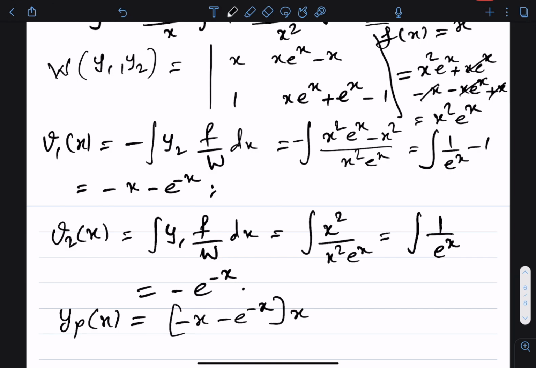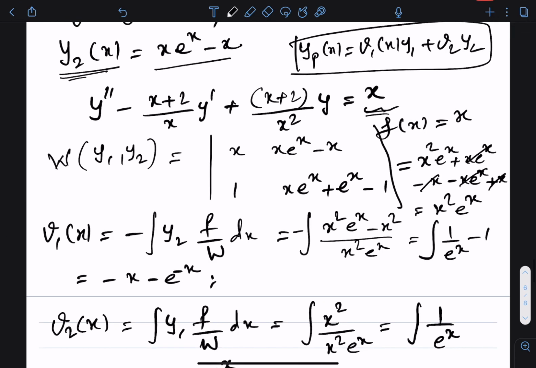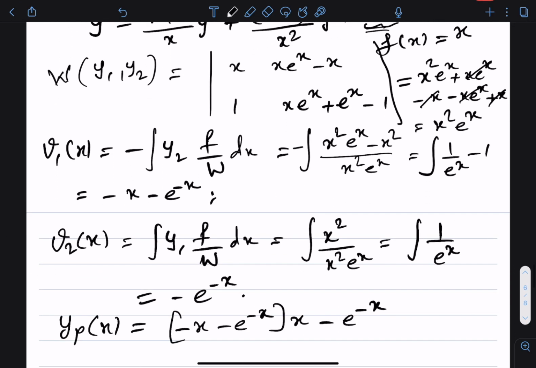And then plus v2 y2, but v2 is minus e power minus x, y2 is precisely x e power x minus x.